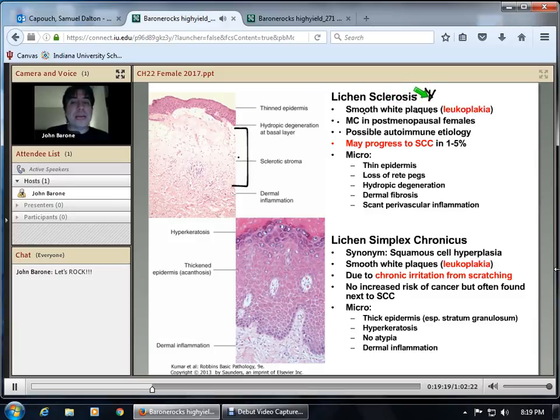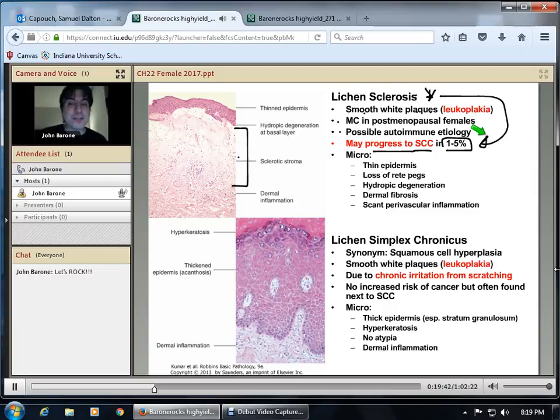Now, the reason we care about this particular lesion is that a small percentage, 1 to 5%, will progress to squamous cell carcinoma. You can't miss a squamous cell. So if you see lichen sclerosus, we have to follow the patient, because they can develop squamous cell carcinoma of the vulva. So we want to be on top of these patients and follow them. Make sense?